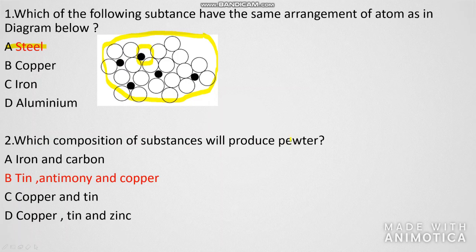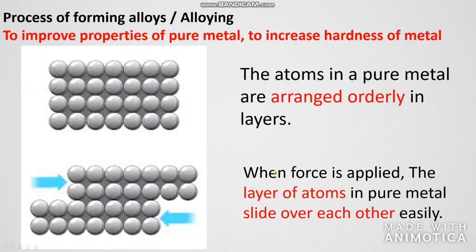Okay, pewter, sebelum merujuk kepada table yang saya tunjukkan tadi, pewter dibuat daripada major composition dia ialah tin 96%, copper 3%, and also antimony 1%. So the answer is B. Pewter is made of tin, antimony, and copper. So answer B.